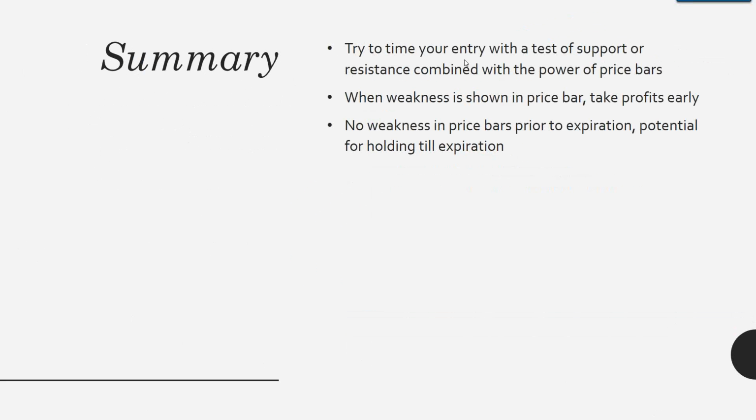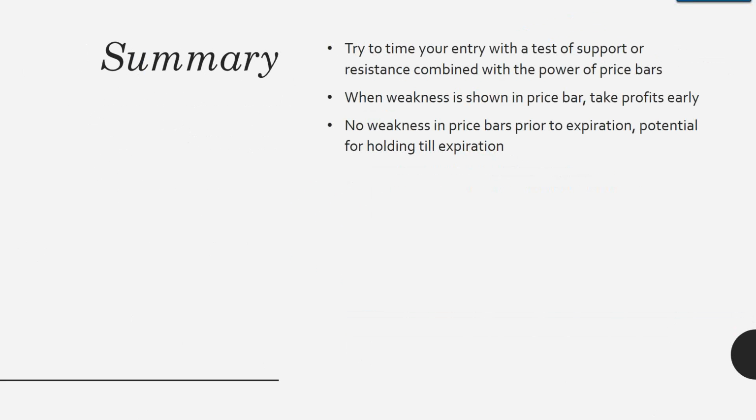Now, you need to try to time your entry with a test of support or resistance combined with the power of the price bars. When weakness is shown in a price bar, take your profits early. If there's no weakness in the price bars, you may want to consider holding until expiration.